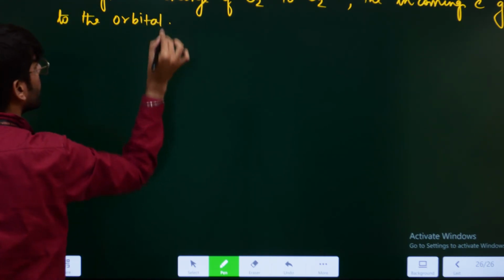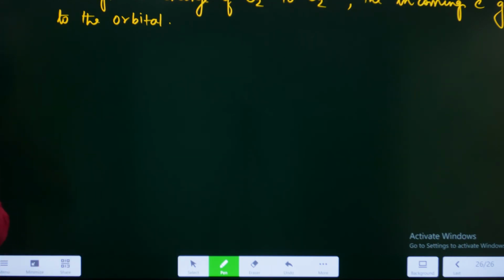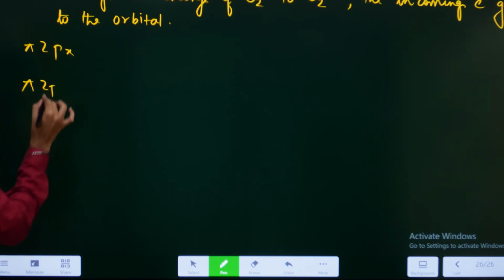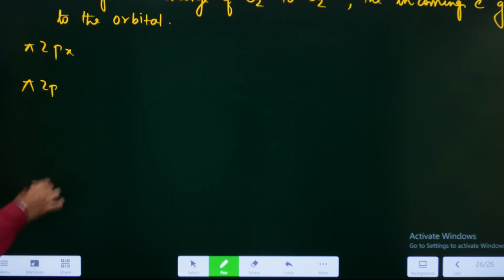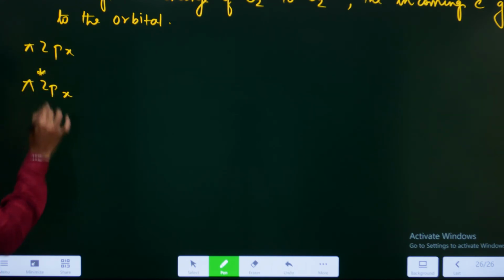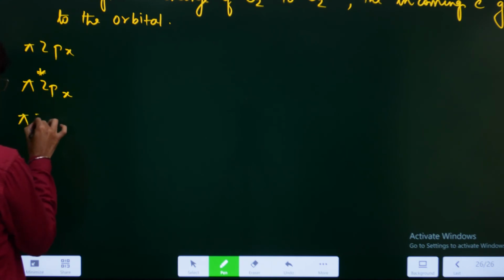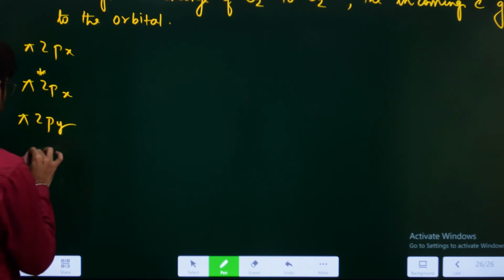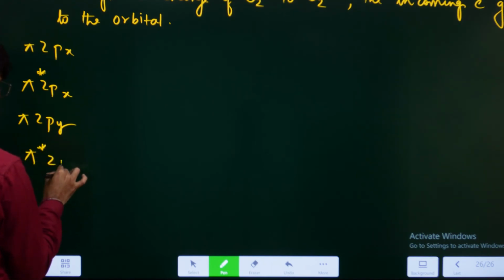It's just the knowledge of MOD, molecular orbital diagrams, nothing else. Pi 2p x, pi star 2p x, pi 2p y, pi star 2p z.